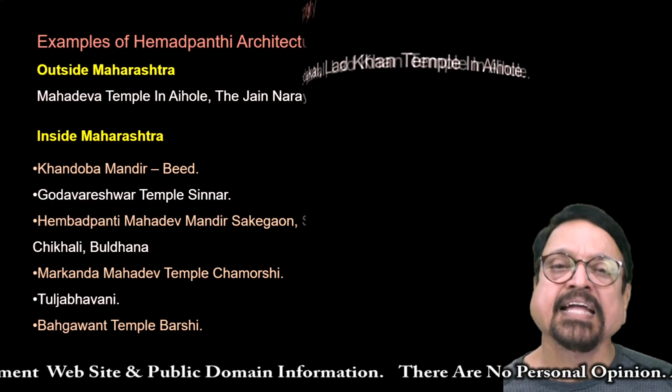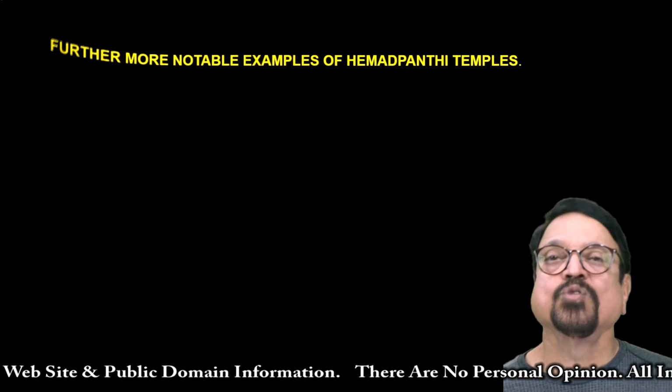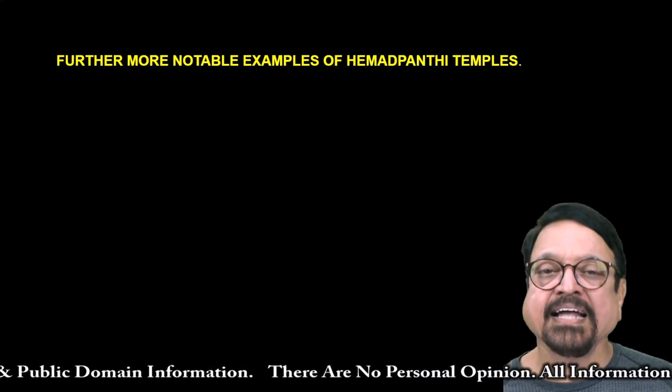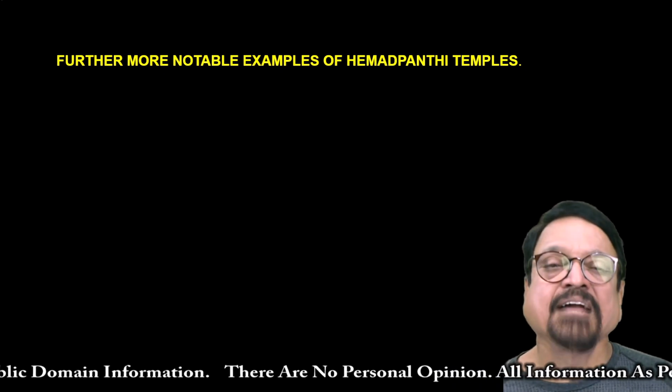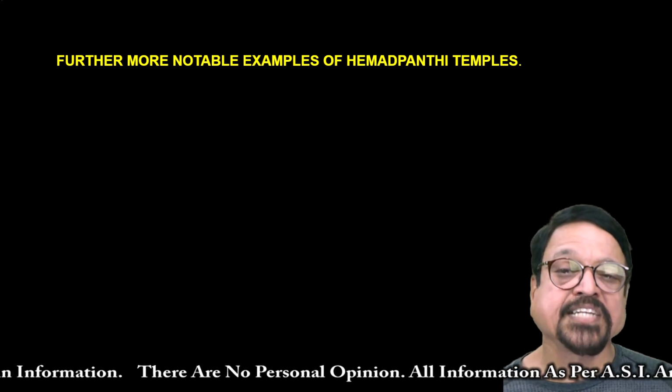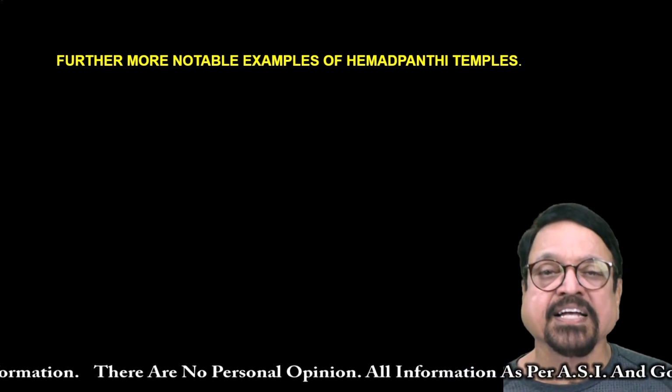They all are Hemadpanthi within Maharashtra. Those who are interested can see that some of them are covered by us, and we have more on the outside Maharashtra temples which we have just now seen. All these three videos are with us.